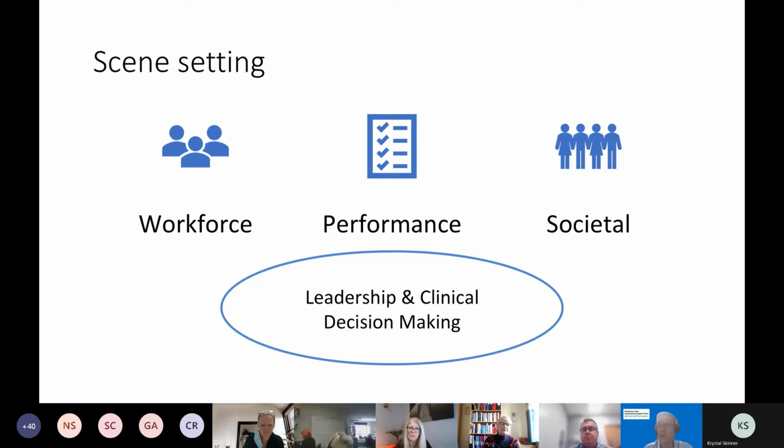So it's a really challenging environment, I think. This is balanced against a real performance drive from the centre, which I'm sure many of you will be feeling much more acutely than people like myself. And this comes at a time when there's unprecedented demand for UEC services, as well as driving the elective recovery programme.